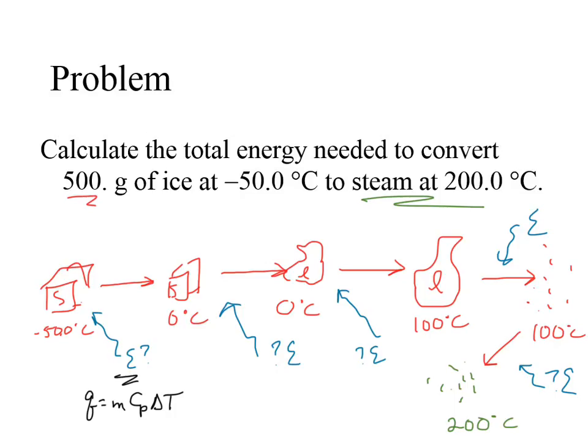Then once we get it at the melting point temperature, for this phase change, that's what we learned today. That's where we're going to use the heat of melting, right? Heat of fusion. For that one, we're going to use our delta H of fusion.